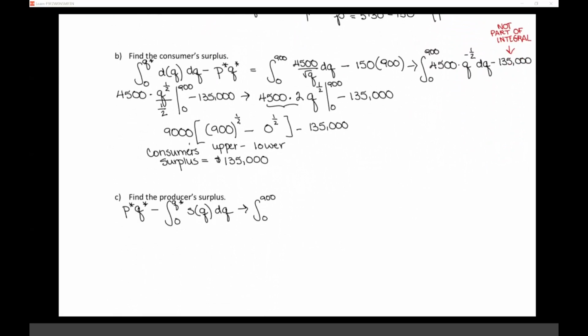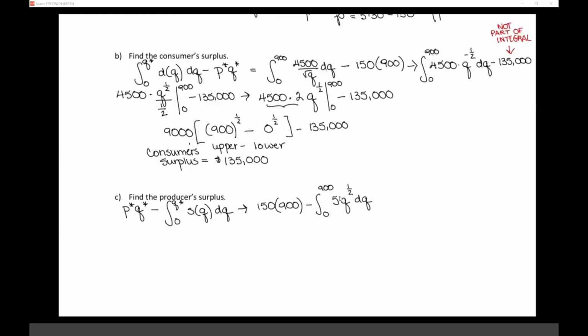Let me not lose the beginning. So it's 150 times 900 first, so P star times Q star. Then the integral from 0 to 900 of the supply equation, which I'm going to write as 5Q to the 1/2 dQ.